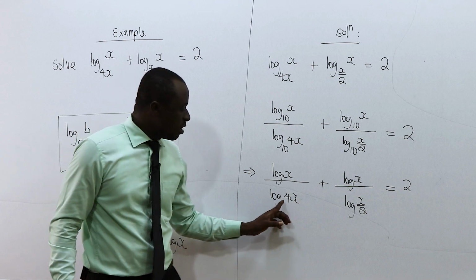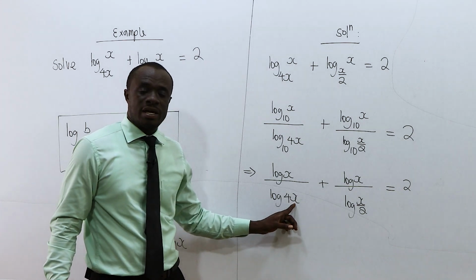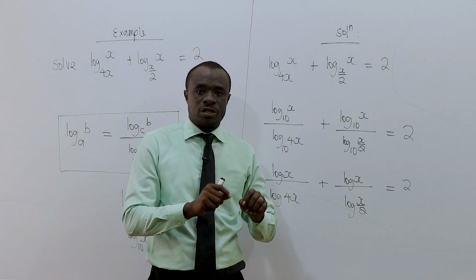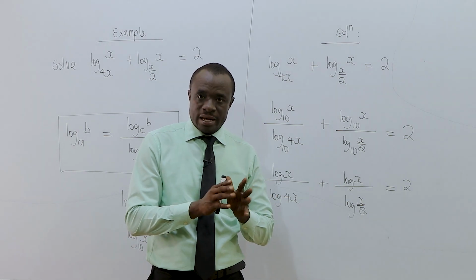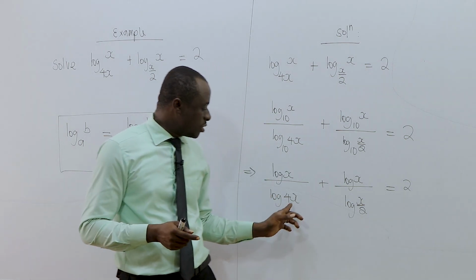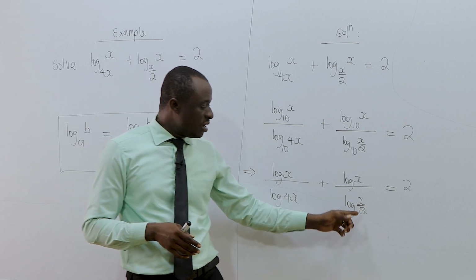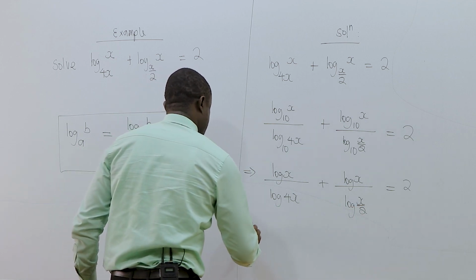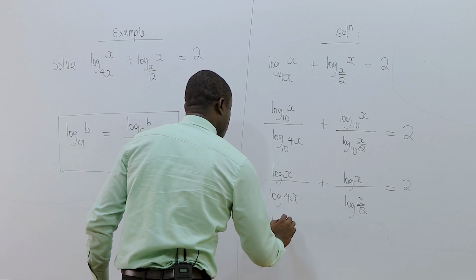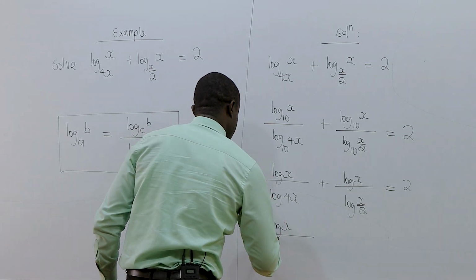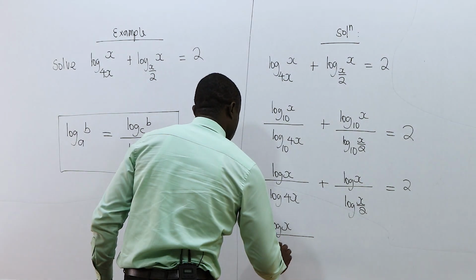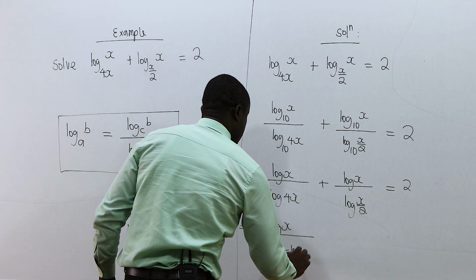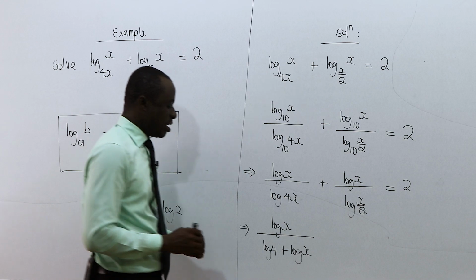Now, what can we see here? You have log 4x. 4 is multiplying the x. We know that when we are multiplying, what do we do? We add. That is the laws of logarithm. When you're multiplying, we add, and when you're dividing, we subtract. Hence, this is the same as log x over log 4 plus log x. Why?